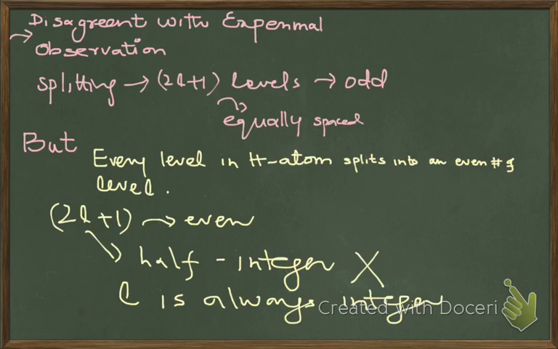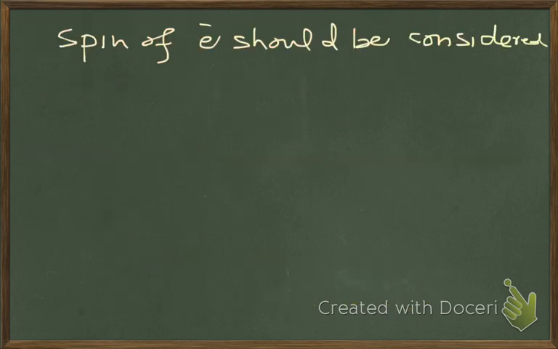So for a true theory which coincides with the experimental observation, we should consider the spin of the electron, and this effect will be renamed as the anomalous Zeeman effect, and the results of the anomalous Zeeman effect match with the experimental observations. So to remove this discrepancy, the spin of the electron should be considered.